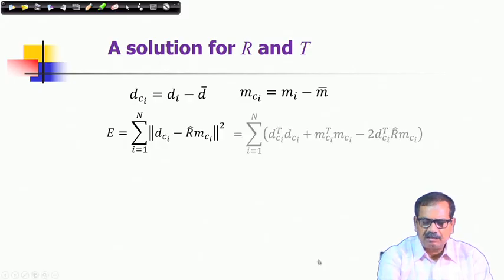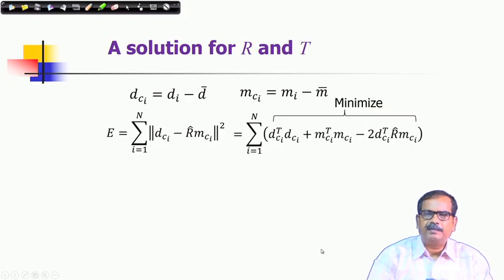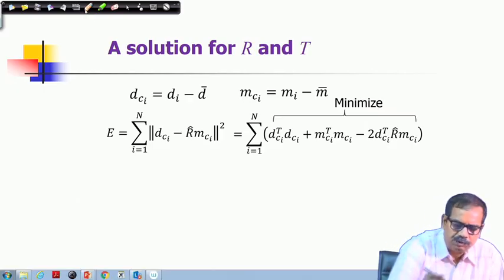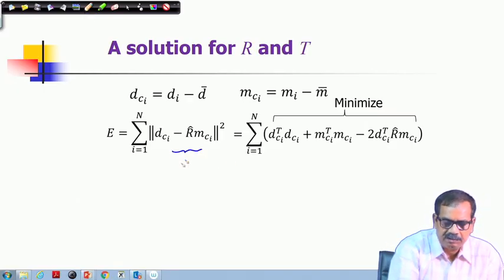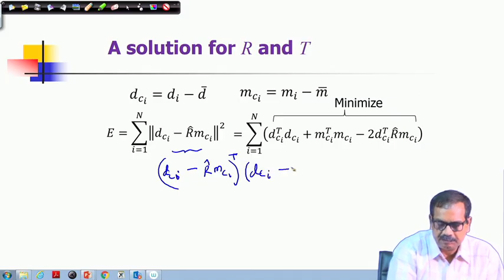Now, there is a particular type of solution. If I expand, it is in this form, and you have to minimize this particular part. Once again it is matrix algebra, just to show you that this expression can be written as dci minus R tilde mci, transpose, times dci minus R tilde mci.